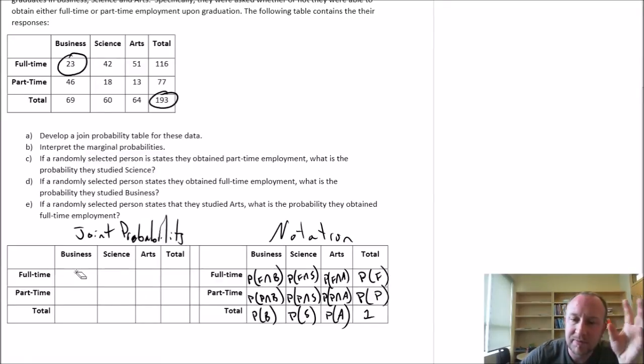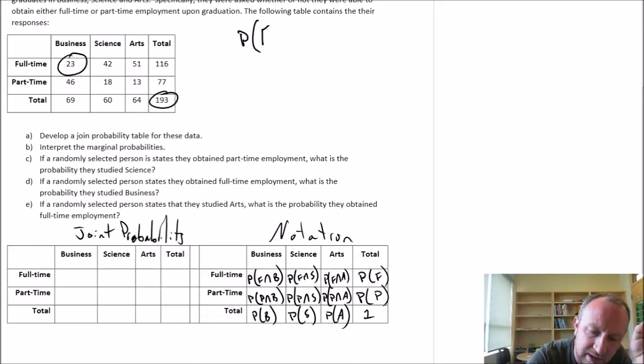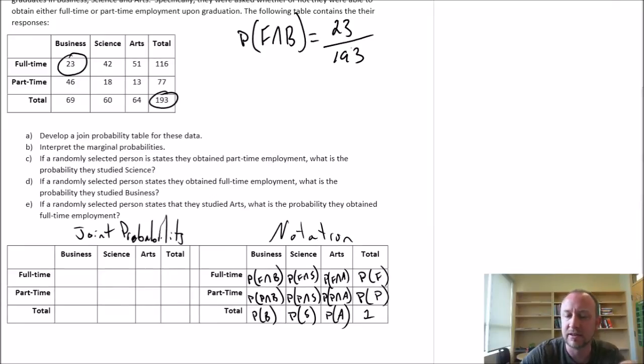So the probability that I select one at random, so here we're calculating, I'm not going to write these down for all of them, but here we're calculating that intersection of full-time business. I have 23 that meet that criteria out of the 193.